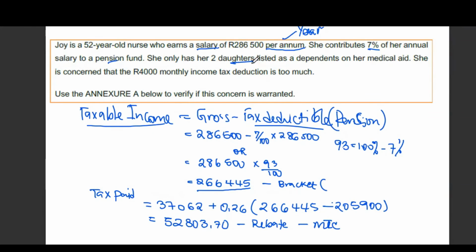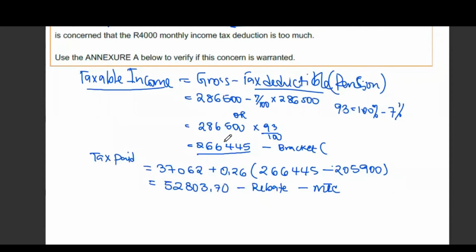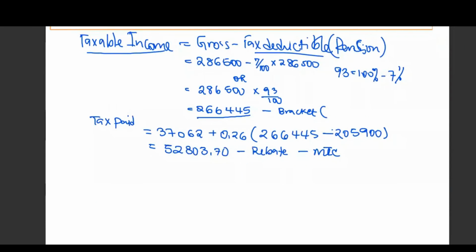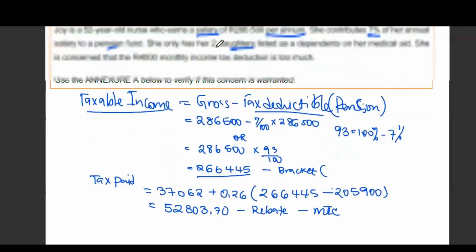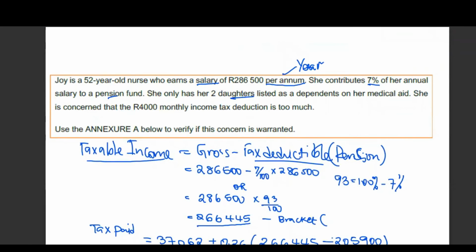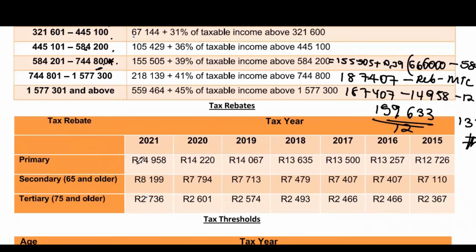Here we shall remain with the first number, 2021. That's from the table. Now we are in the rebate. The person is 52, so she belongs to the primary, which is 14,958.